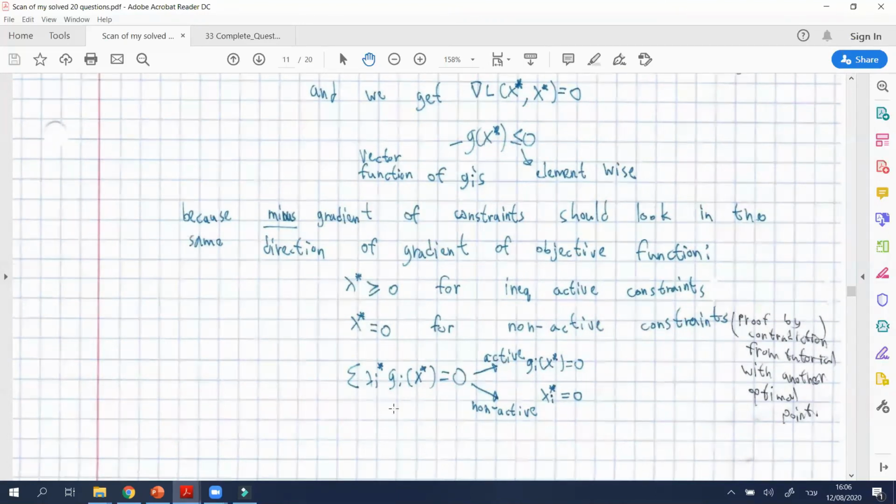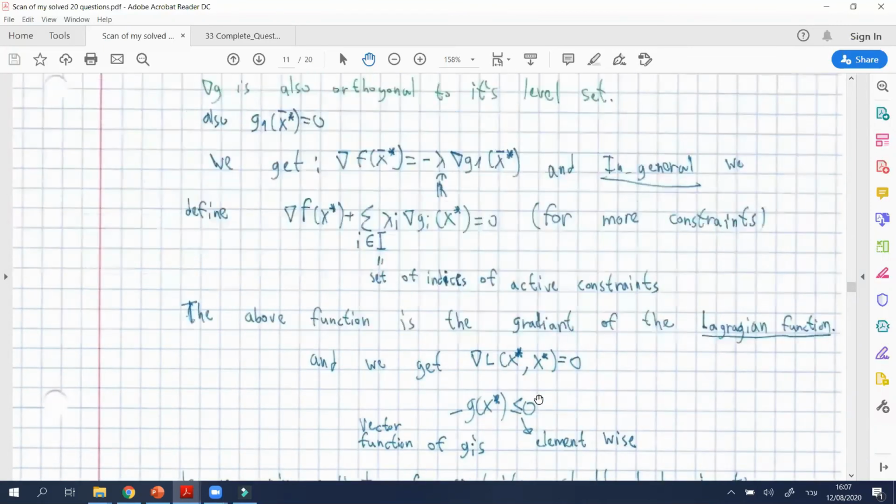So in fact, we get that for the active constraint, Gix star is equal to 0 at those points, because this is how we defined it. And for non-active constraints, the lambda i would be 0.